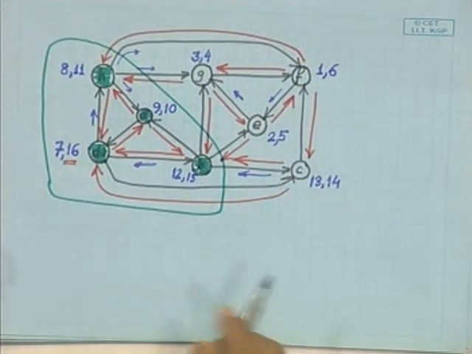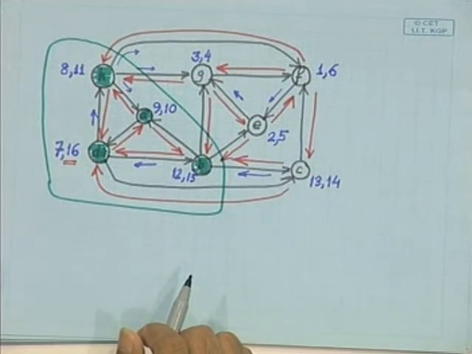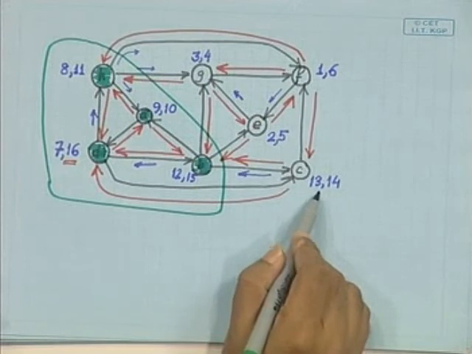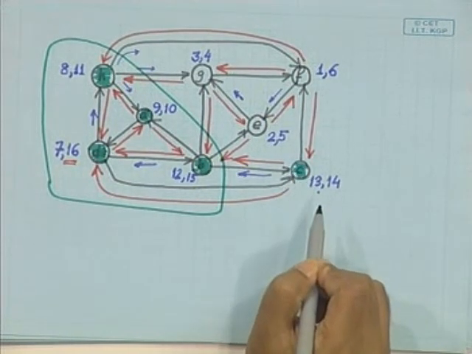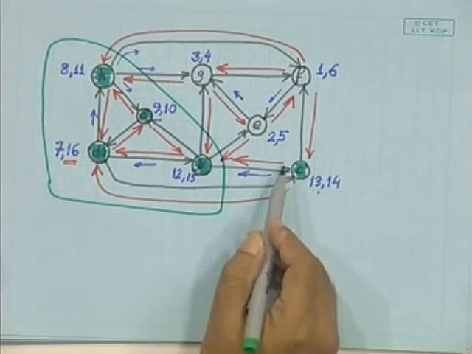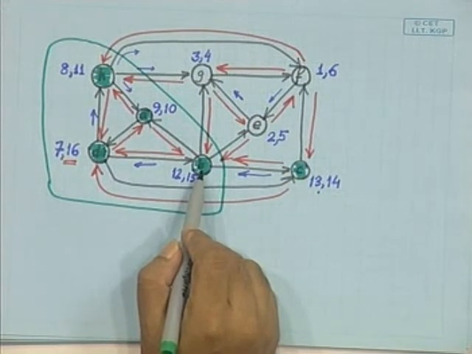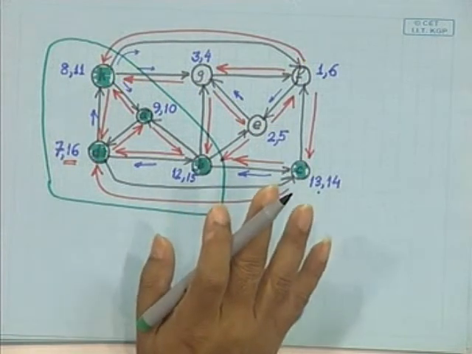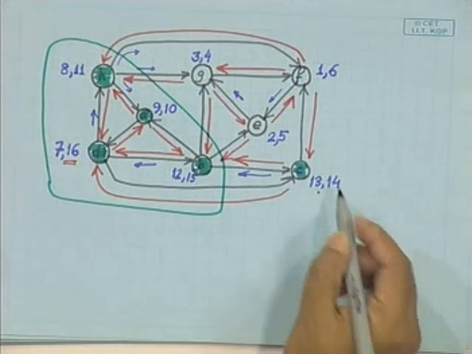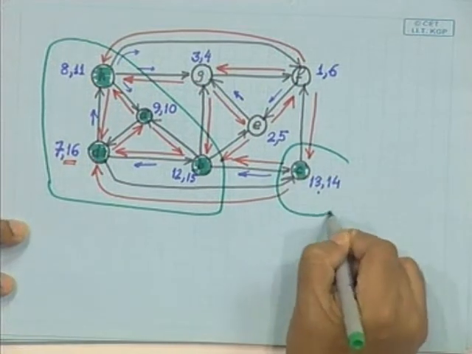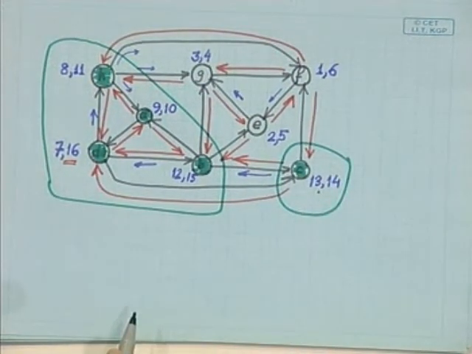Then look at the next largest exit numbered node. Which is the next largest exit numbered node? This one, C, right. So we start from C. Where can we go? This one, which is already visited, so we can't do anything about that, and there is nothing else. So this becomes our second strongly connected component.